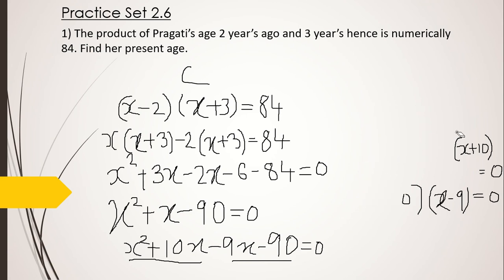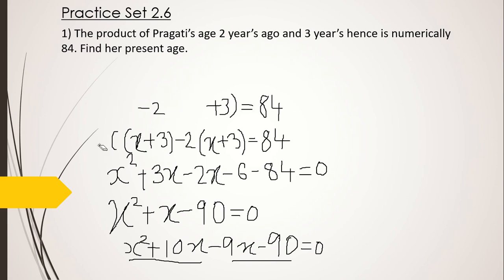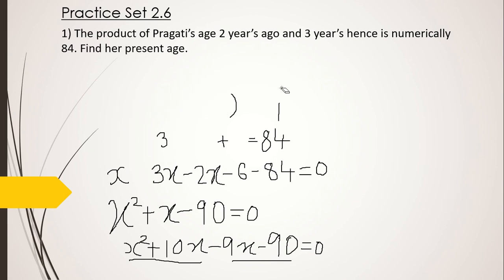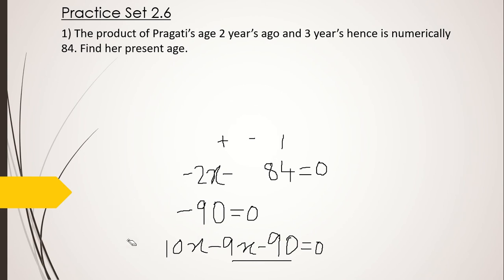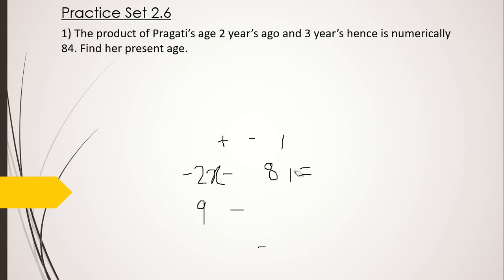So let's go over this sum once again and see if we are following. The important part is to read the question carefully and to be able to form the equation. Once you are able to form the correct equation, then you will never go wrong.